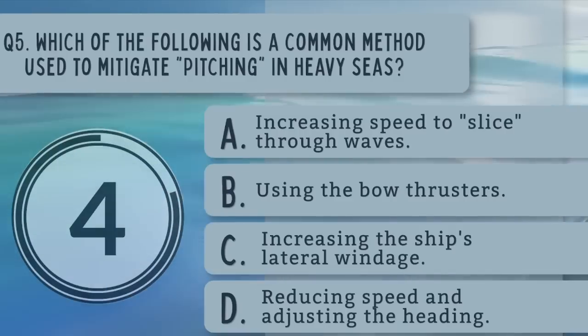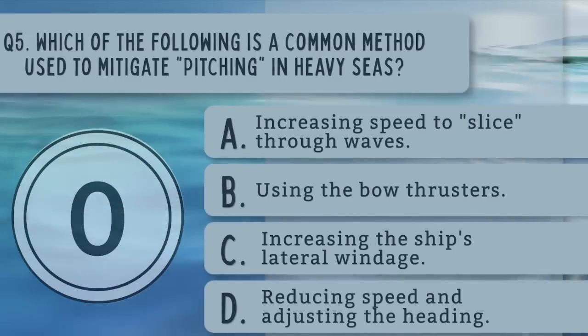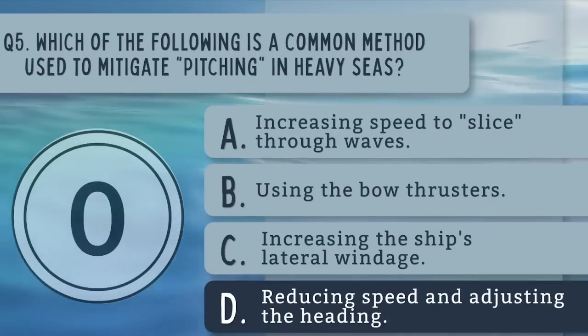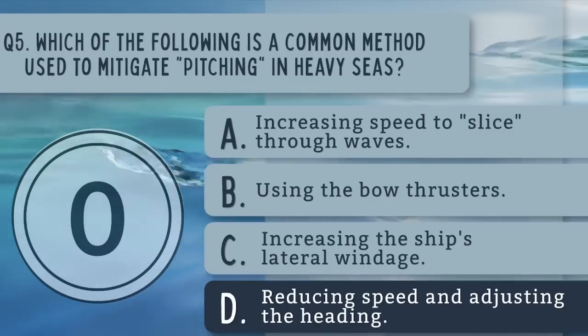The common method used to mitigate pitching is D, reducing speed and adjusting the heading.